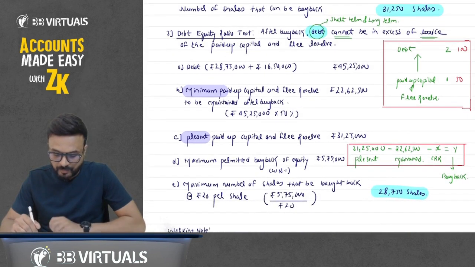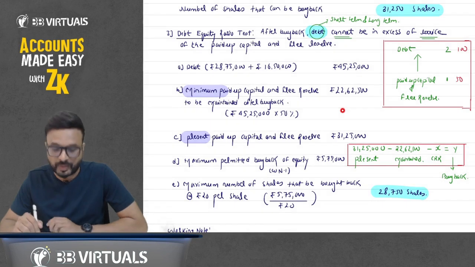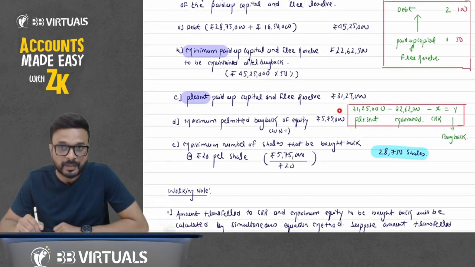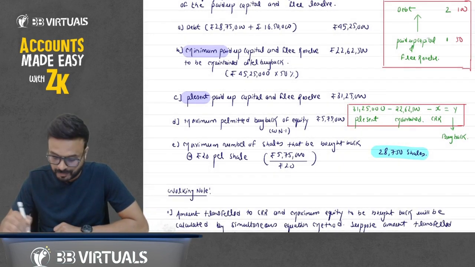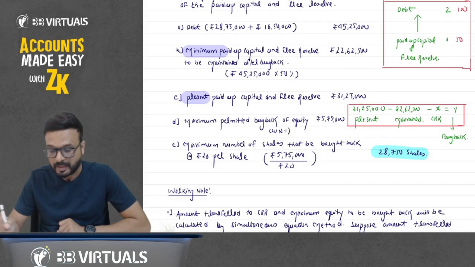Your debt is here 45,25,000, 50% of it is 22,62,500. How much is the present paid up capital and free reserve? 31,25,000. So 22,62,500 should be maintained, and minus X. What is this X? The amount that we have to transfer to CRR. Whatever is left, that we can utilize for the purpose of buyback.